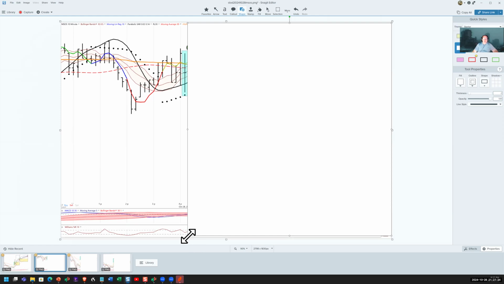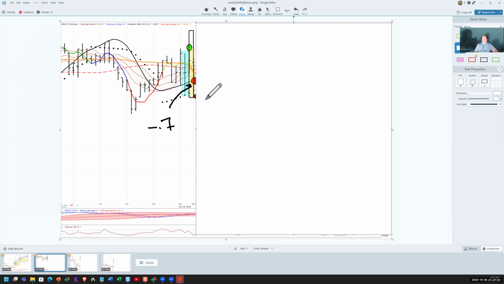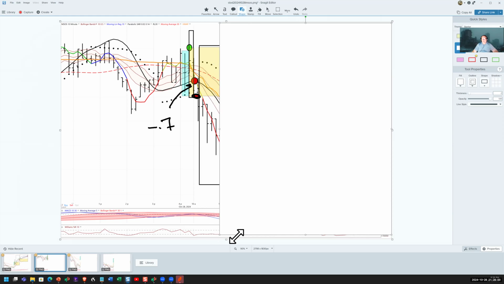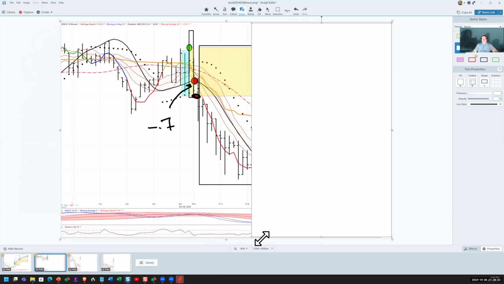Here's MSOS marijuana. There's the OR10. There is the breakout to the upside and an immediate minus 0.7 loss. There's a breakdown below the OR10, and that's where we're going to get short. The R10 curls and reverses.